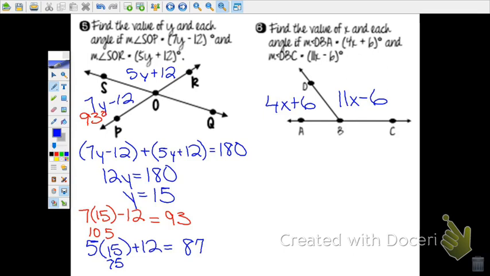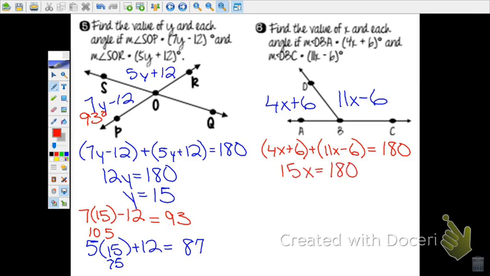I can see I have a linear pair, which means those two angles should add together to equal 180. So I'm going to combine like terms. 15x equals 180. Divide by 15 to find that x is equal to 12.